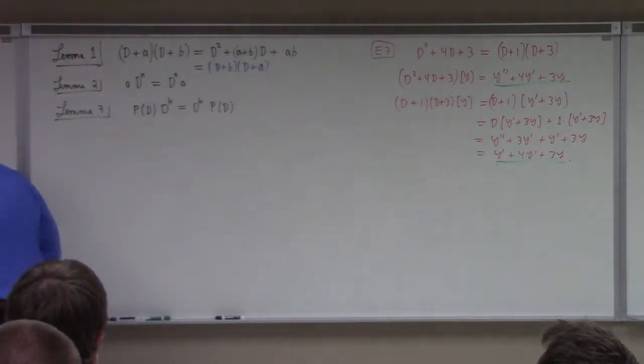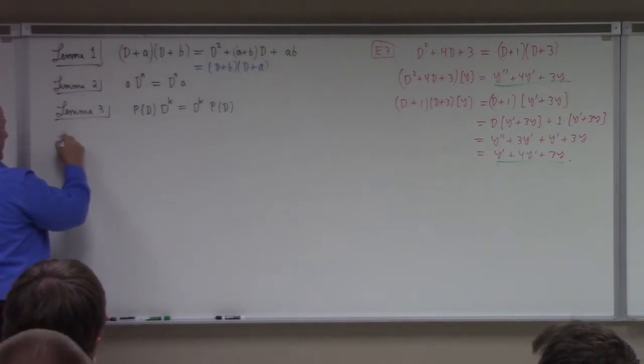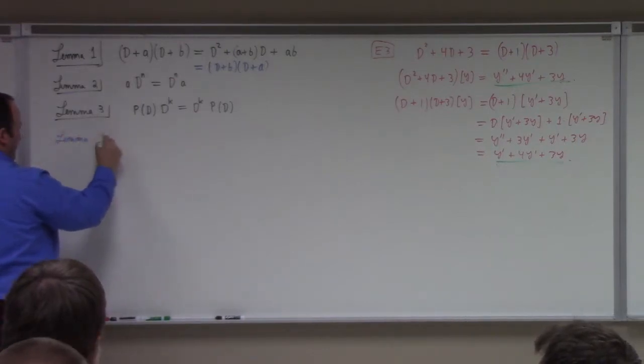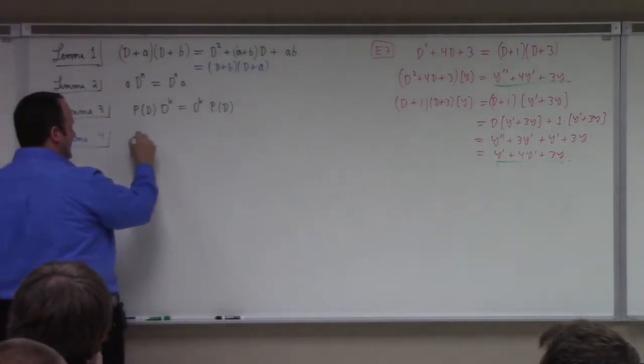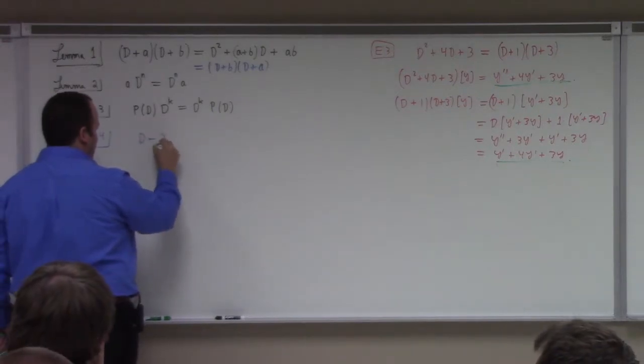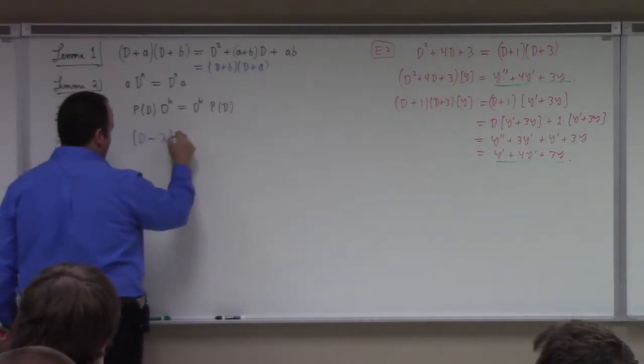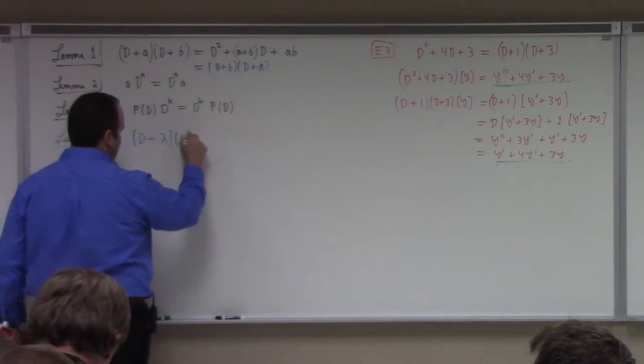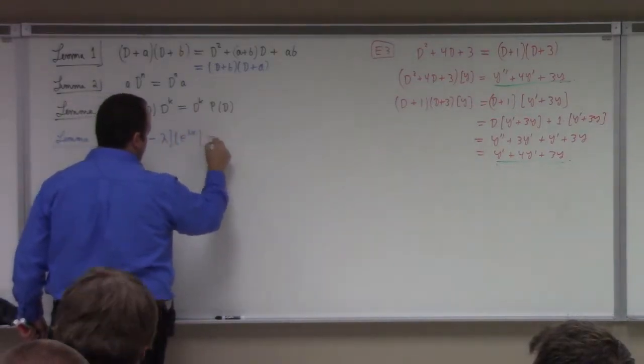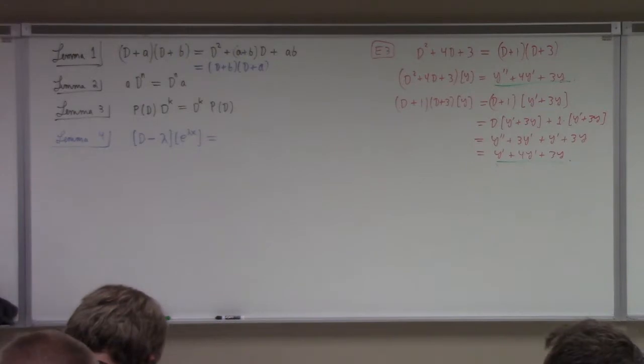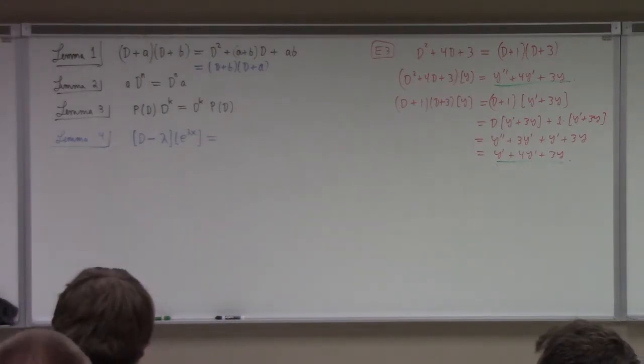Lemma 4. D minus lambda acting on e to the lambda x equals, by the way, let us understand, for this lecture, D is always d dx.